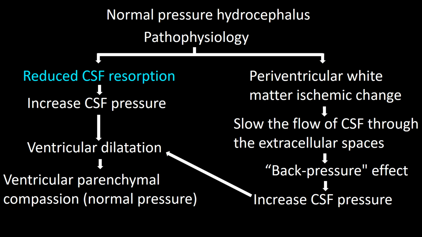One starts with reduced reabsorption, the other one with periventricular white matter ischemic changes. Both end up with increased CSF pressure, followed by ventricular dilatation and ventricular parenchymal compensation, leading to normal CSF pressure.